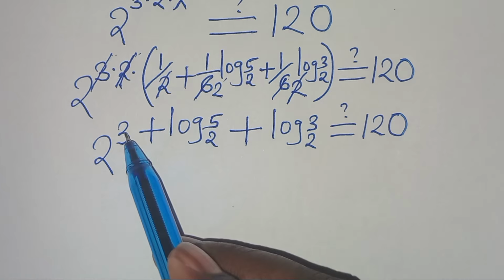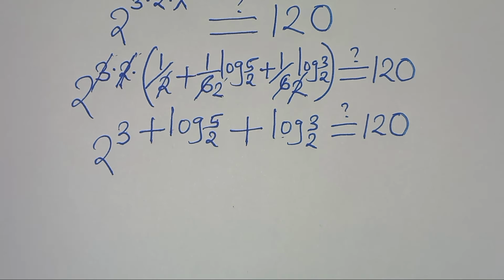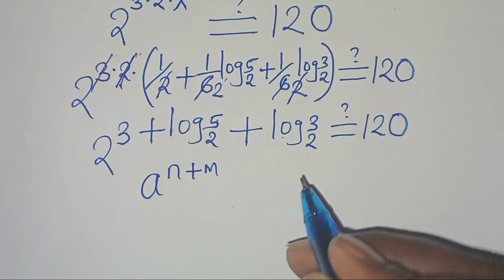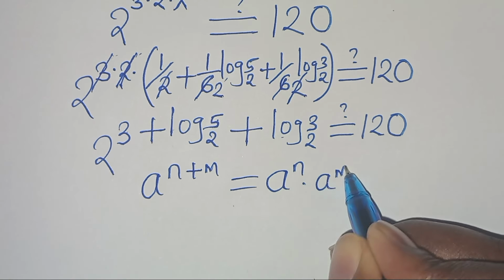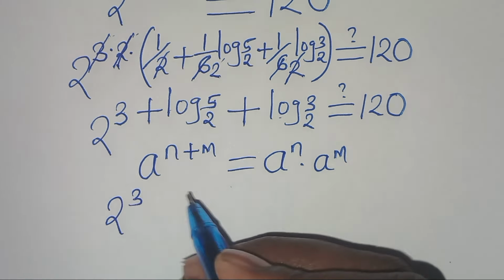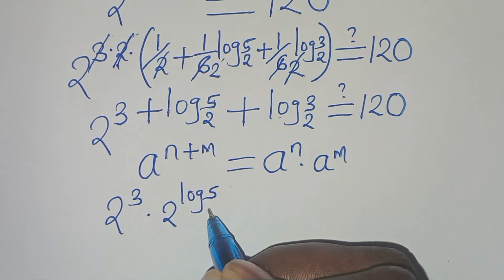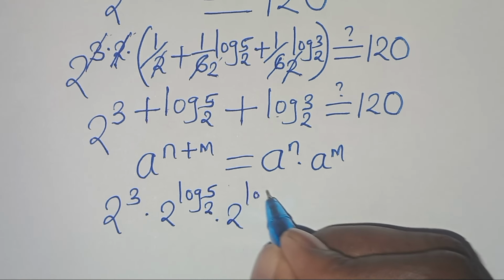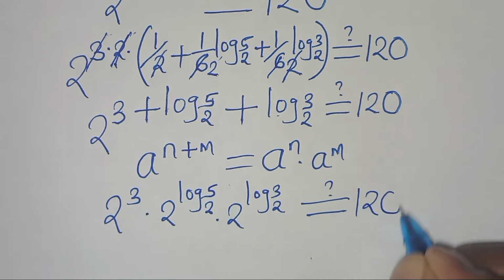Now, 2 to the power of 3 plus log 5 to base 2 plus log 3 to base 2 is actually in the form of a to the power of n plus m, which we can express as a to the power of n times a to the power of m. So we have 2 to the power of 3 times 2 to the power of log 5 to base 2, then multiplied by 2 to the power of log 3 to base 2, and this is supposed to give us a value of 120.